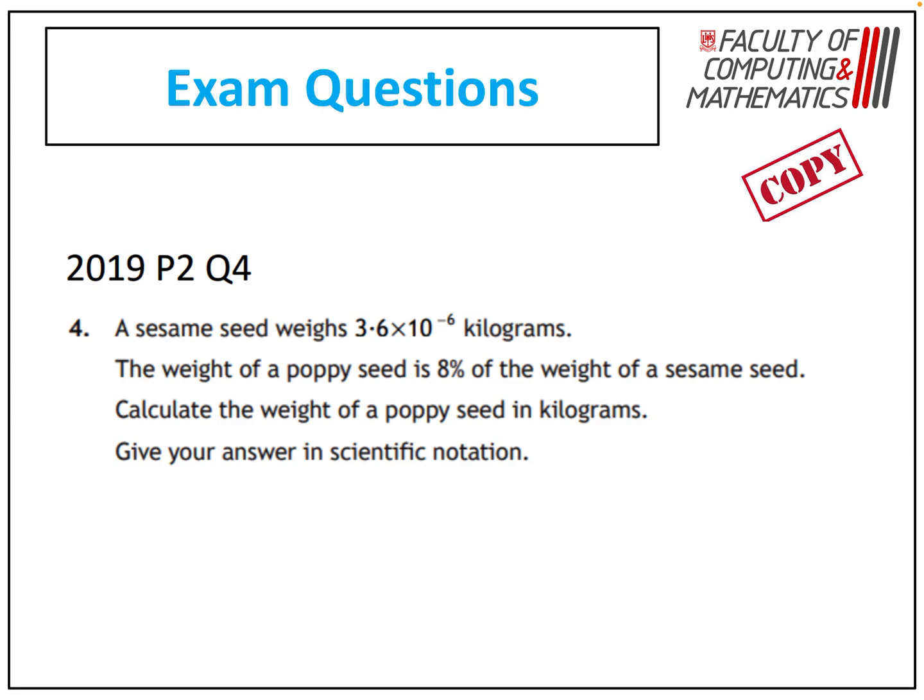So the poppy seed is 8% of the weight of the sesame seed. So we need to calculate what is 8% of 3.6 times 10 to the power of negative 6 kilograms. So to do this, 0.08 multiplied by 3.6 times 10 to the power of negative 6.